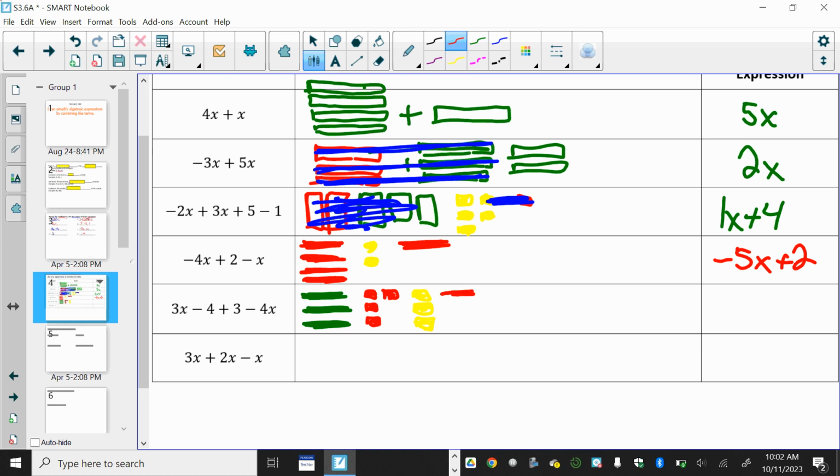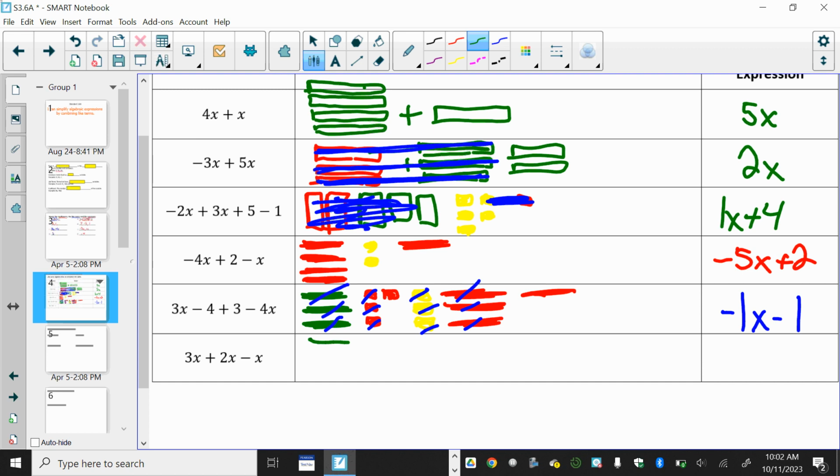And minus 1, 2, 3, 4. So we're going to regroup, put all of our greens and reds together. So we have 1, and we're going to put these together. 1, 2, 3, leaving minus 1x minus 1.